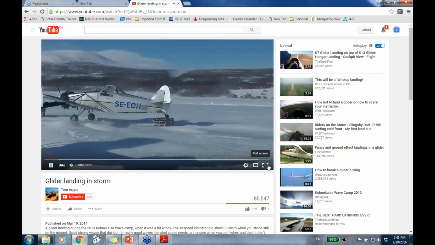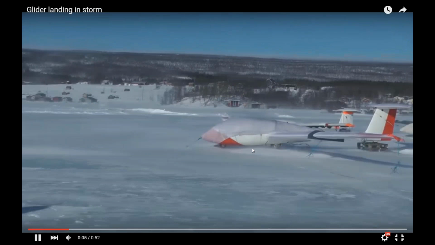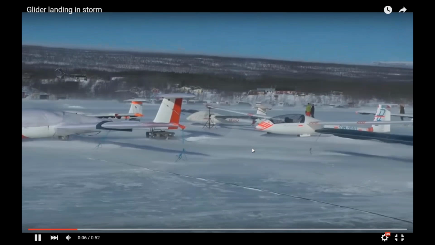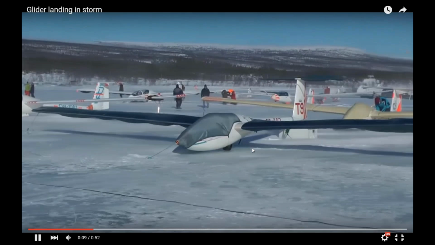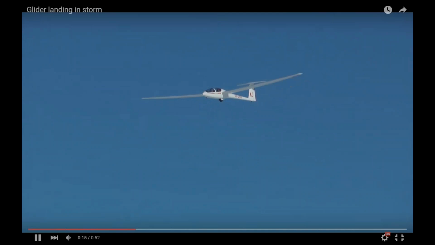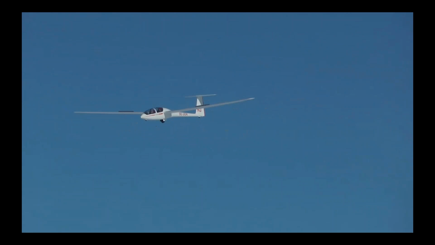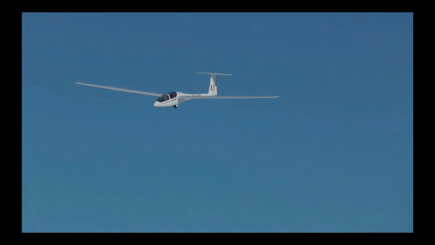Yeah, this was one that I also considered. I forget where it is, but I think it's somewhere in Norway, if I remember correctly. And as you can see, the wind is just blowing a gale. This is also a DG 505 coming into land, and it's very gusty, you can hear on the audio.